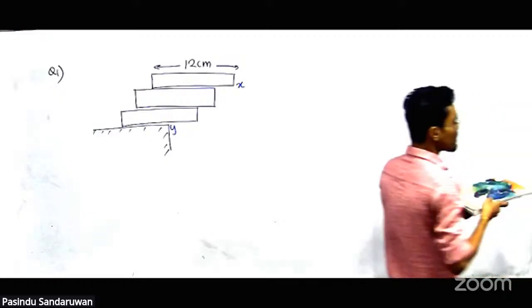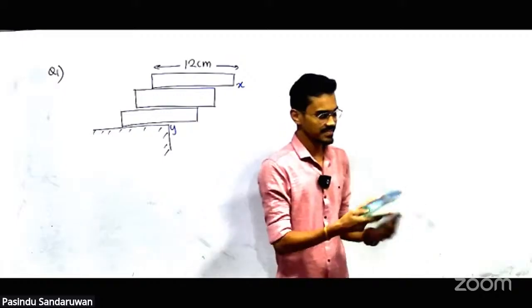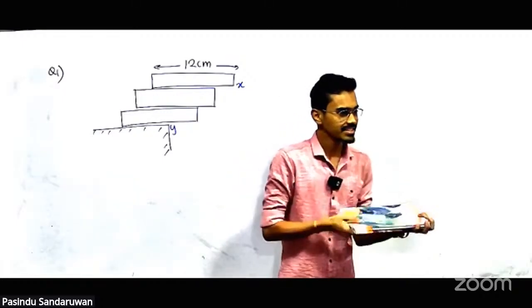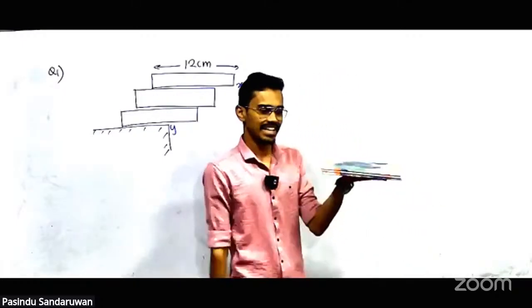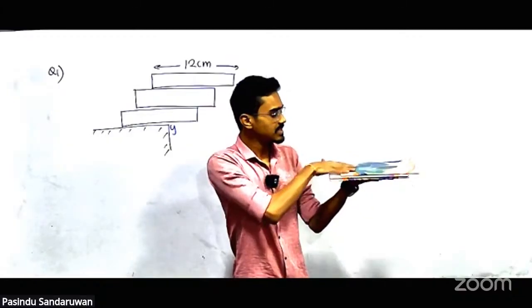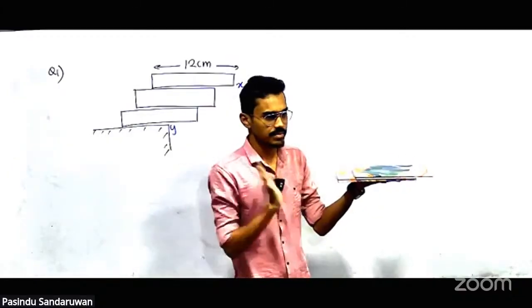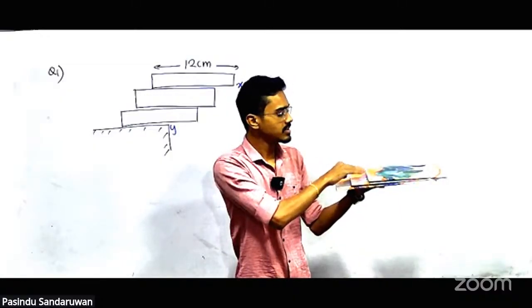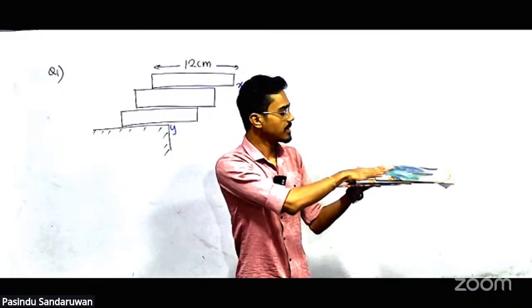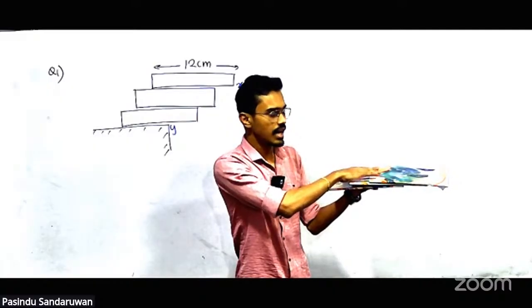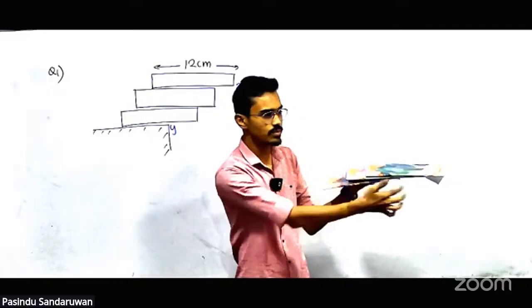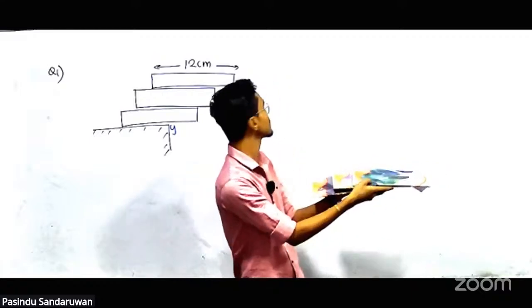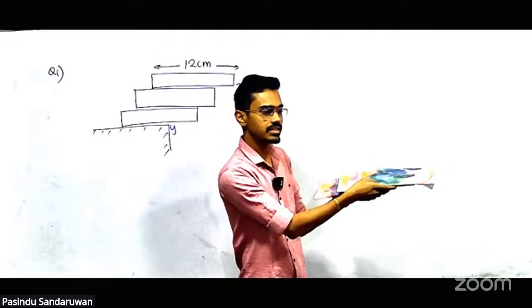See, now here we have three identical books kept on a table. Now, if this book is moved, this can be kept without being unstable, right? There is one point that we can move all three and have the maximum distance between these two points, X and Y. That is what I'm asked.